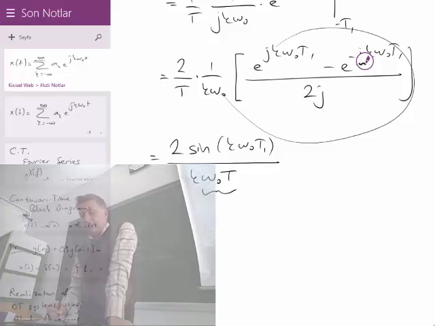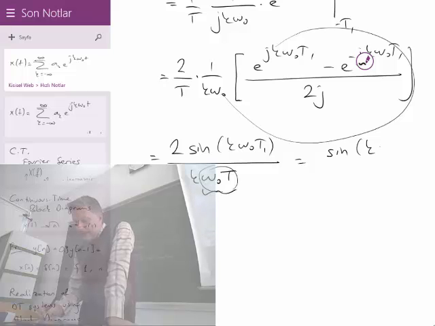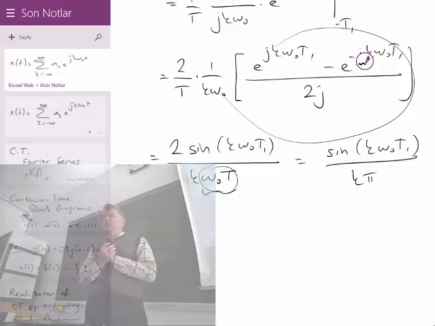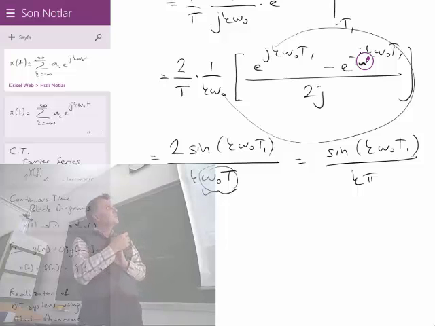Omega 0 is 2 pi over capital T. So 2 pi over capital T times capital T is 2 pi. So we have a 2 pi here, and we have a 2 here already. Those 2's will also be cancelled, and we will have sine k omega 0 t1 divided by k pi. Quite a simple, compact expression. When you write it like this, it means you found the Fourier series coefficients, a_k, precisely, and they happen to be this.